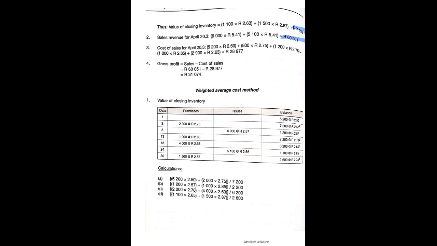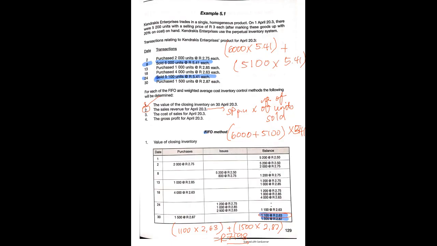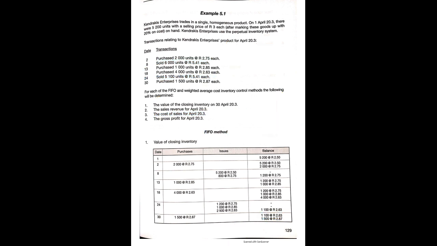Then the next one asks you to determine the cost of sales for April. Remember, as I said to you earlier, your cost of sales is determined by looking at the issues column. So all you're going to do is take everything in this column and work it out. You can just write it out in one row.